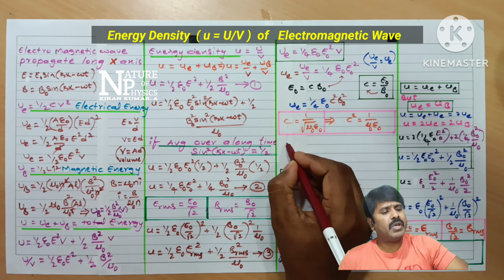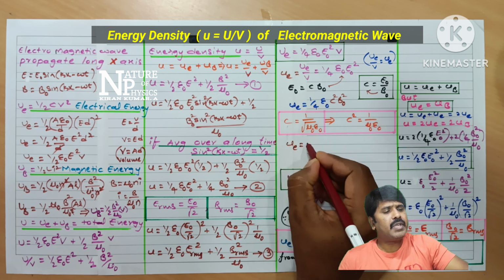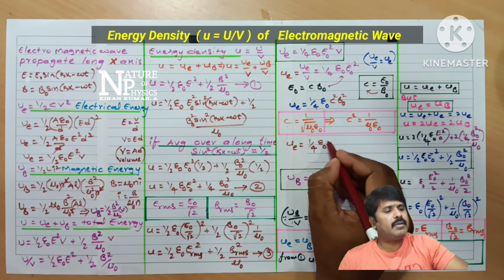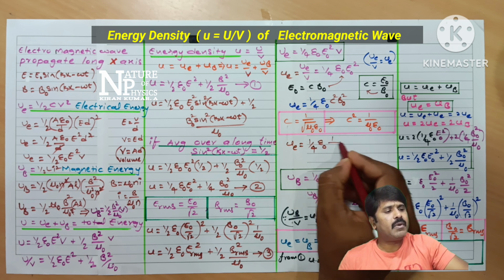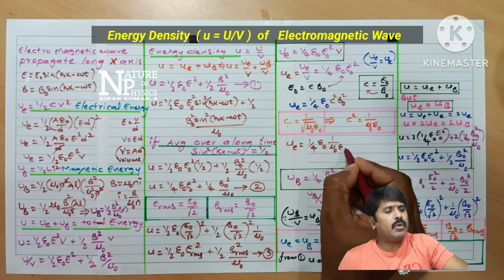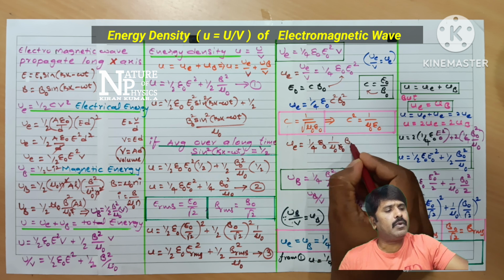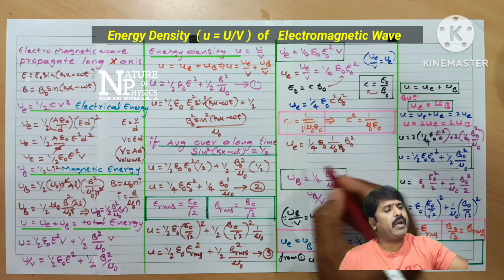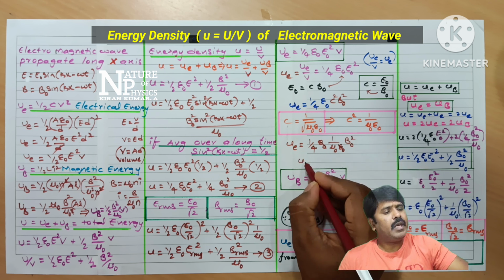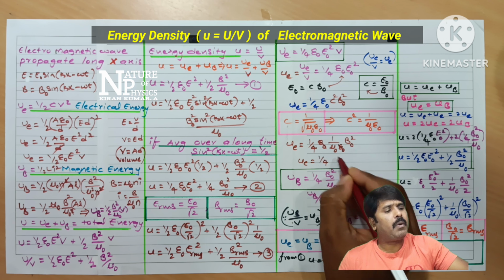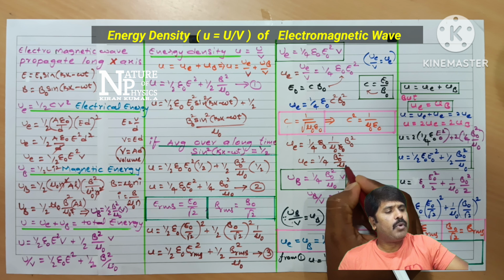Replaced in the above equation, UE is equal to 1/4 into epsilon naught, C square value is 1 by mu naught epsilon naught, which gets cancelled, into B naught square, student. So UE is equal to 1/4 B naught square divided by mu naught.